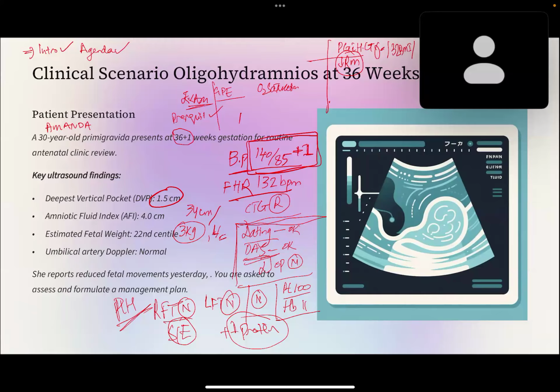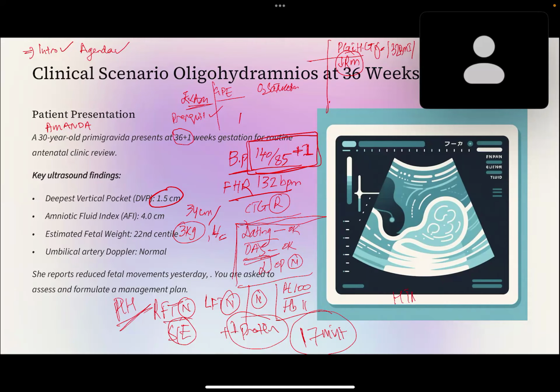Summarize your case. So I have Amanda. She is 30 years old, primary gravida at 36 plus 1 week with complaints of reduced fetal movement since yesterday. She's a known case of hypertension.